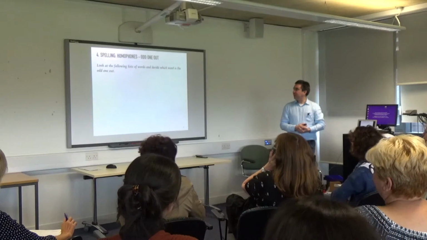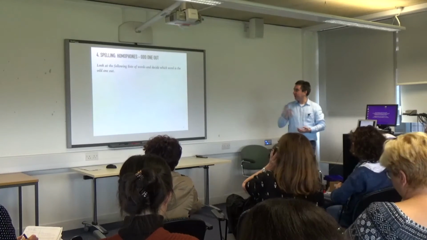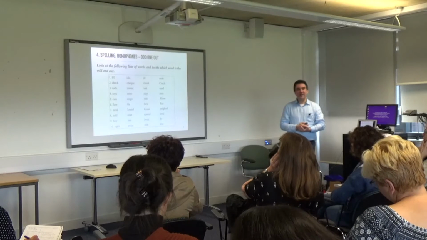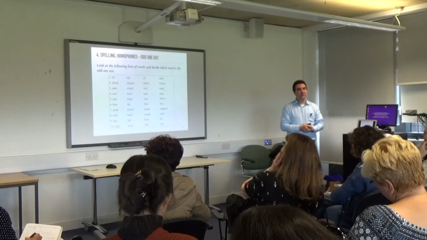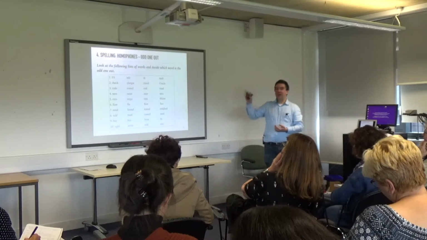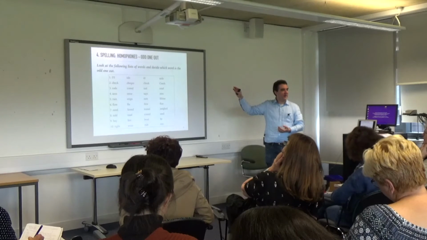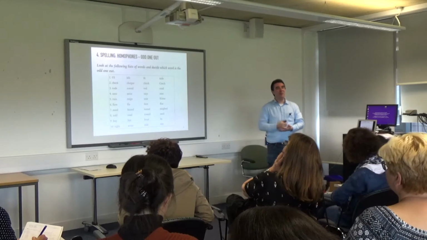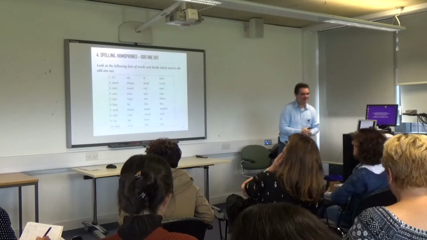Okay, spelling homophones. Odd one out. An activity that I like to use with my students. I'd like you to go through these very quickly with your partner and decide which ones are the odd ones out. Go. All right.